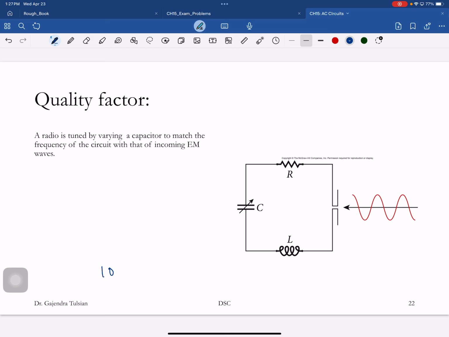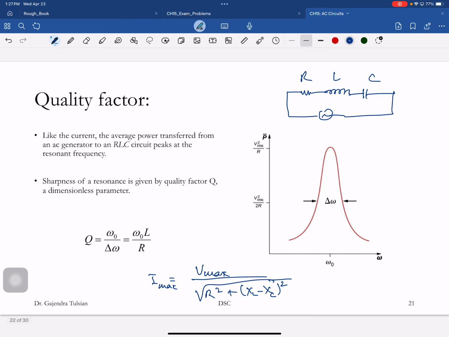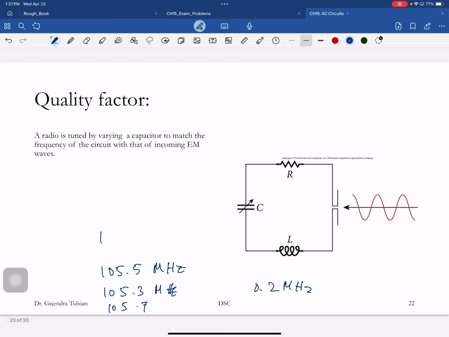All right, 105.5 megahertz, 105.3 megahertz, 105.7. So every 0.2 megahertz is where the frequencies are. The high definition radios, you can have frequencies at 1.4 megahertz and so on. So at half the spacing.